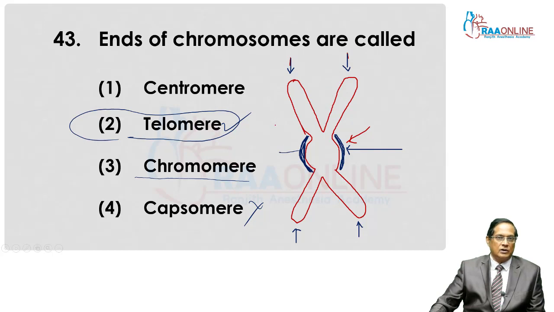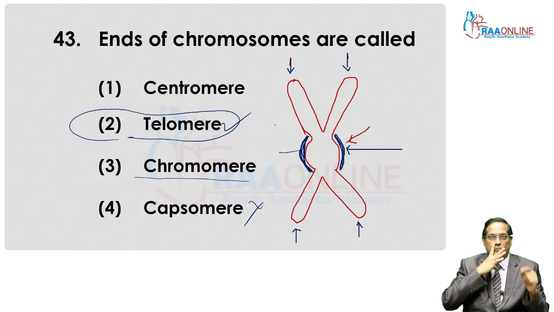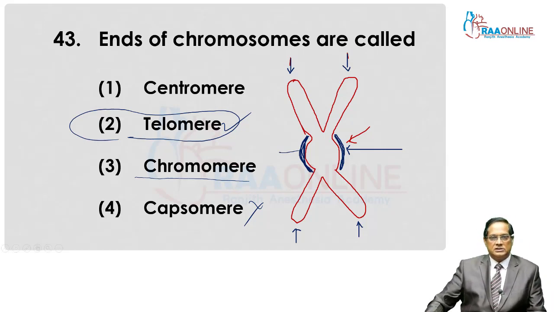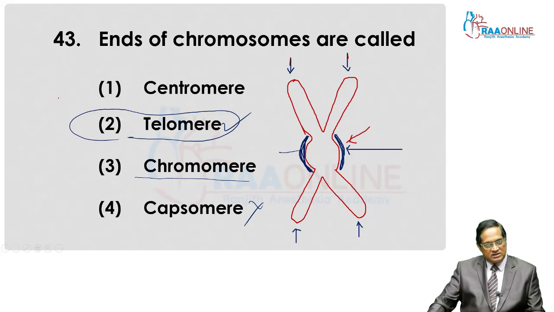It has a great role, that is the structure and stability of chromosome. What is the role of telomere in chromosome? They are concerned with the structure and stability of chromosome.